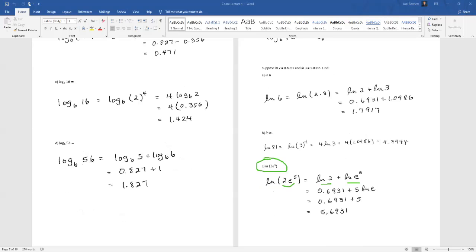So that gives me ln 2 plus ln of e to the power of 5. And here I just substituted from the given information above. And I took the exponent here down to the front. And we know that ln of e is just 1, so 5 times 1 is 5. And if you add this sum together, you get 5.6931.